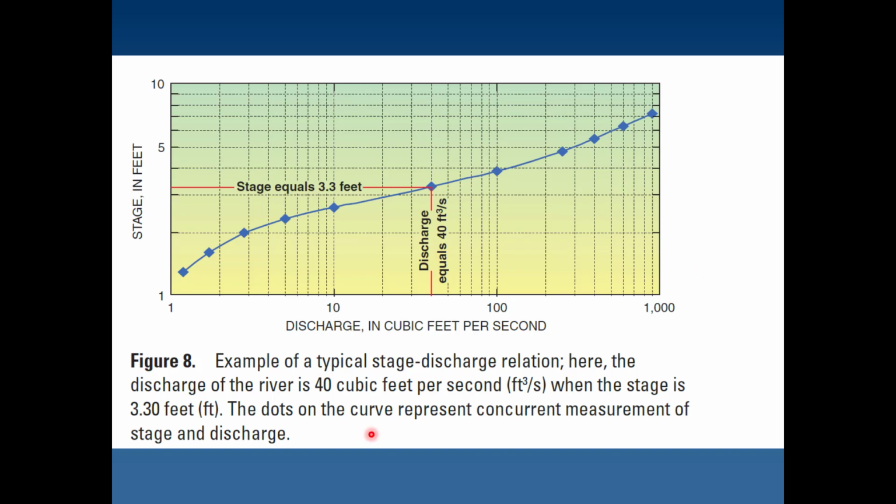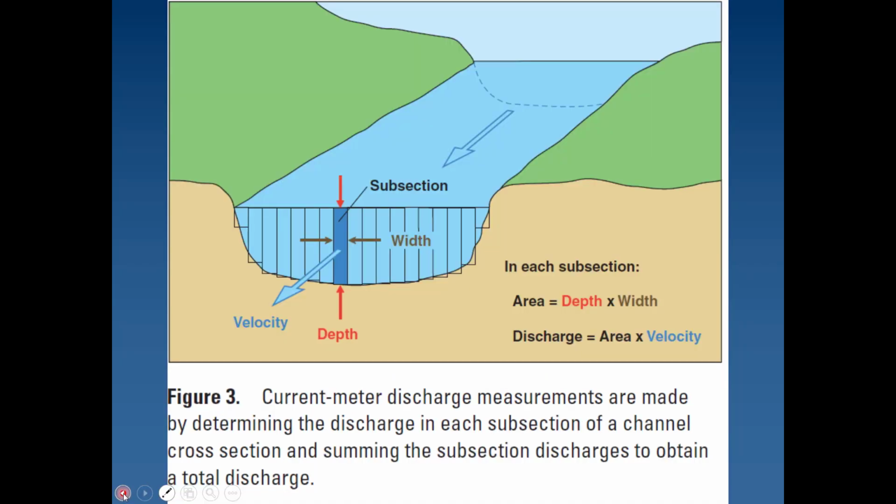But you can imagine that as the stage of a river, as the depth of the water increases, that means there's more water flowing. So the depth of the water, how high the water is in the channel, is also called the stage of the water.